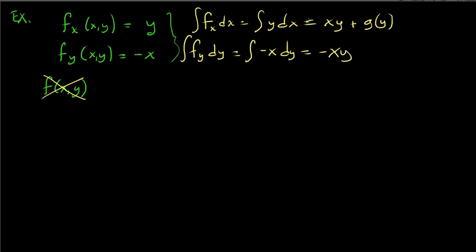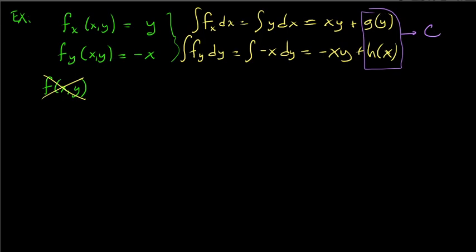It's not positive xy anymore. It's negative xy plus some function of x. So if we match these up, the function of y here and the function of x, the only thing that's going to be true for both of these is a constant. So the only thing that's both a function of x and y at the same time is a constant.